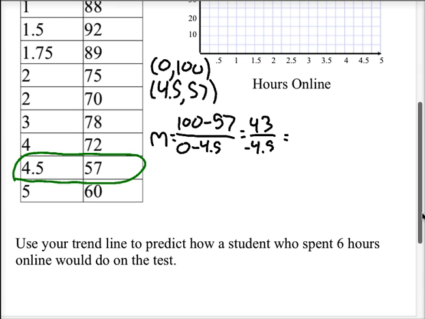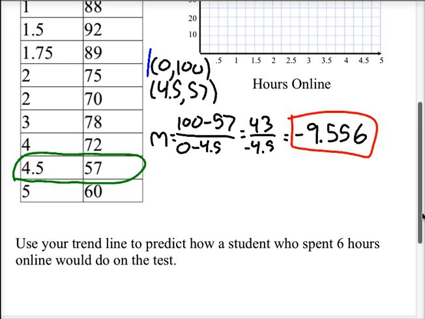So I will let you just use a fraction for this, or a rounded decimal, I mean. So you would get about negative 9.556. And again, if you use two different points, you get a slightly different answer. However, just in general, they should be about the same as you go through this process. So that's going to be my slope.